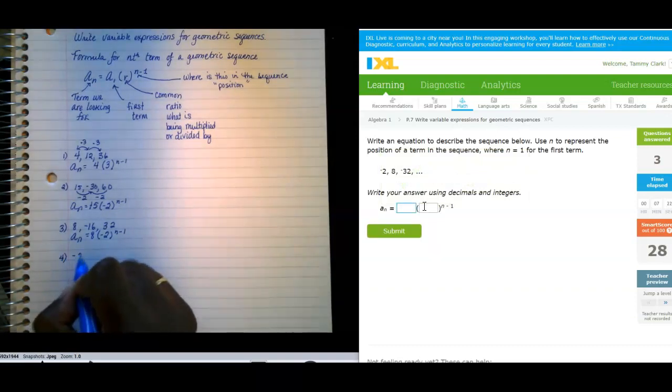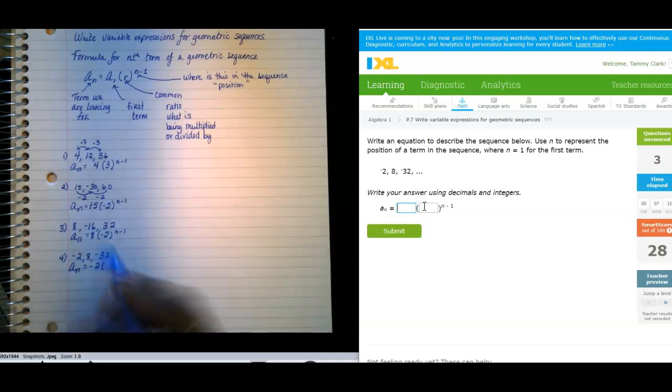Number 4, we've got negative 2, 8, negative 32. So a sub n is equal to, our first term is negative 2, and it looks like we're multiplying by negative 4 because negative 2 times negative 4 gives me positive 8. And positive 8 multiplied by negative 4 would give me negative 32.